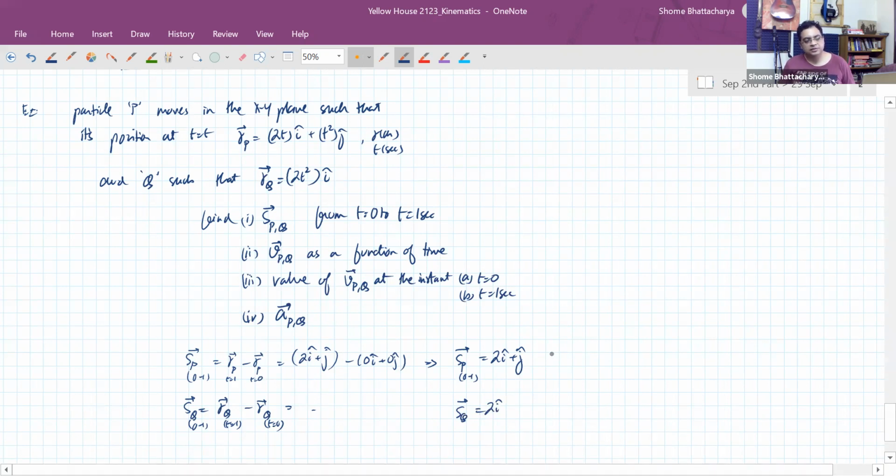So the relative displacement of P with respect to Q from 0 to 1 second will come out to be the difference of these two. So it will just come out to be j cap.